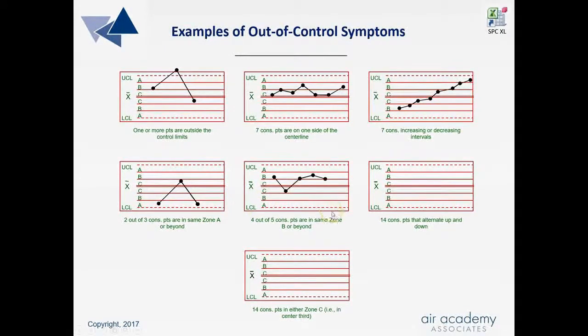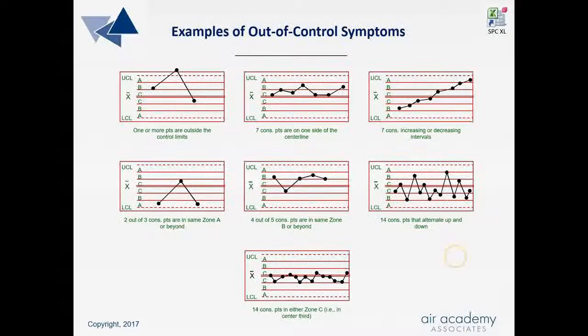And other symptoms, 4 out of 5 that are in the same zone B or beyond, 14 consecutive points that alternate up and down, and in this case, this is the last of the 7, you have too many data points in the center of the distribution, where in the first 6, the data seems to be too far away from the center line.